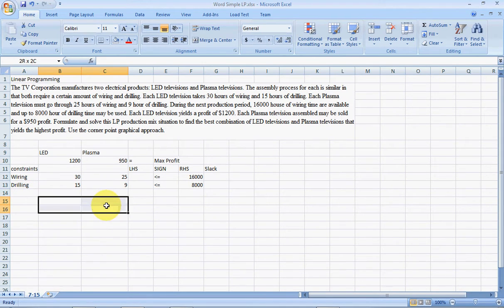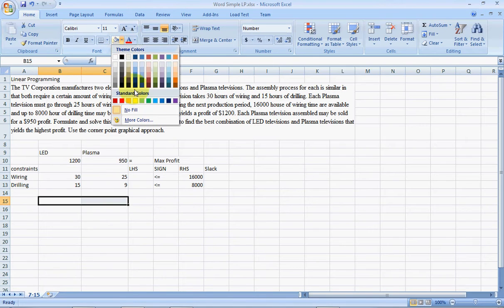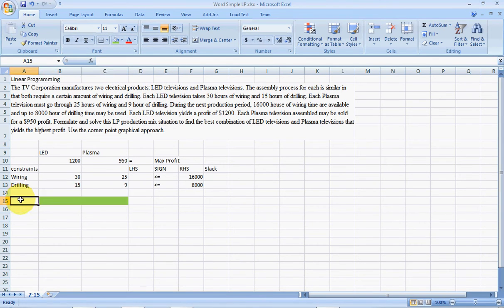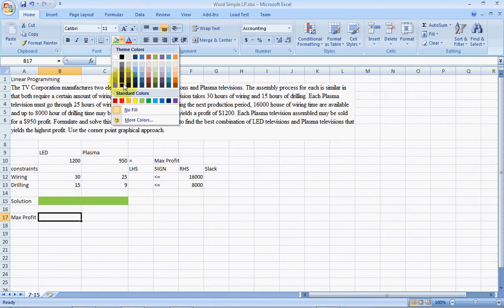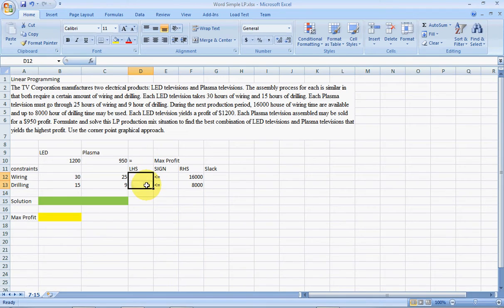So what I like doing is color coding things. So this is going to be our solution. This will be our max profit. I like giving the things that have equations in them the color yellow.